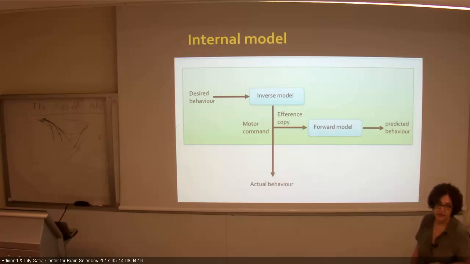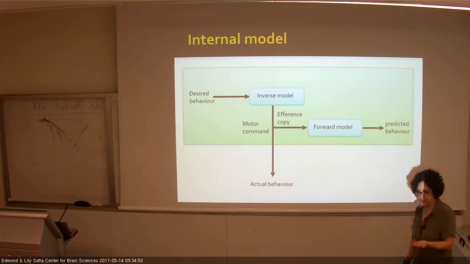So instead of relying on the actual feedback, what the system uses is an efference copy. It sends a copy of the motor command to a forward model. What is the purpose of a forward model? To take a motor command and generate a prediction, to predict the behavior.